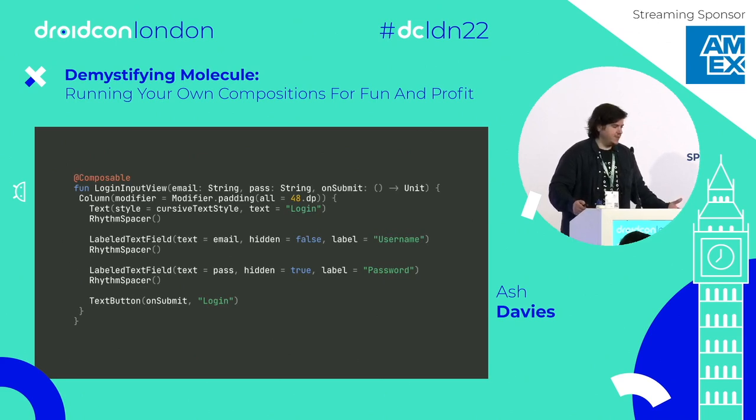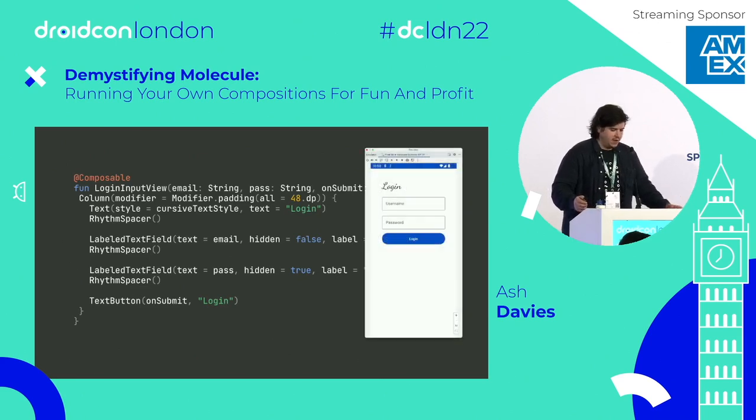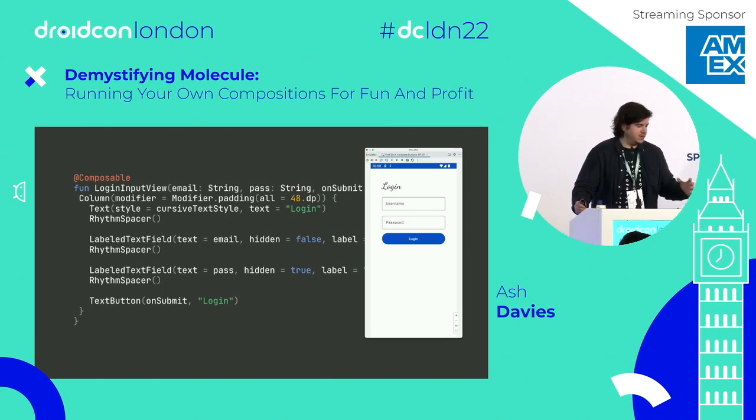It does that with composition. So you've got this screen where you've got a few UI elements, and you can end up with a basic login form that's going to look a little bit like this. Really straightforward, just declarative functions so you can see what's going on.